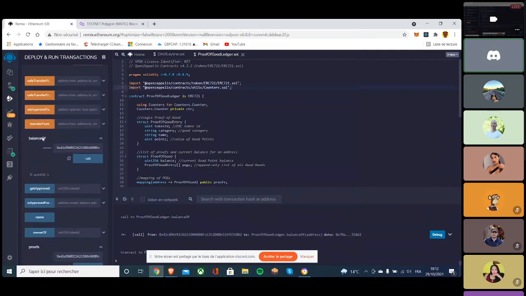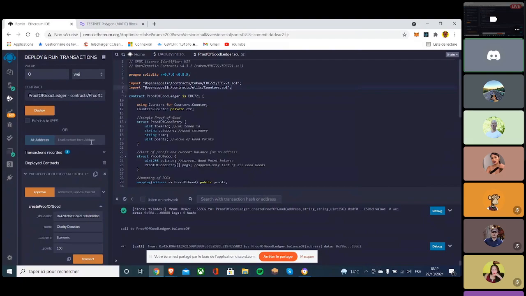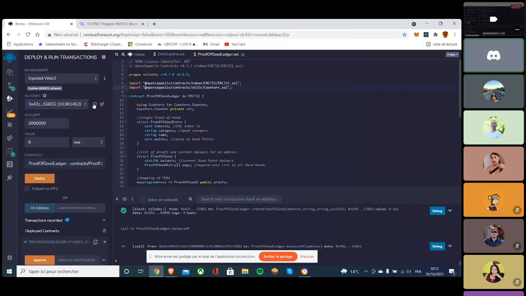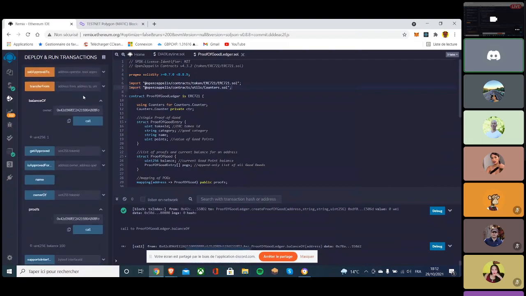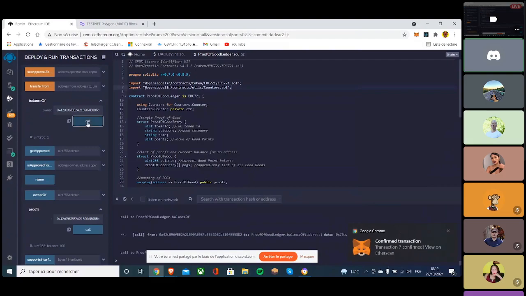There you go. And if you go to balance of here, you call the function. So let me just recopy the address. Oh yeah, I had to wait for the transaction to be confirmed. So now it's confirmed.